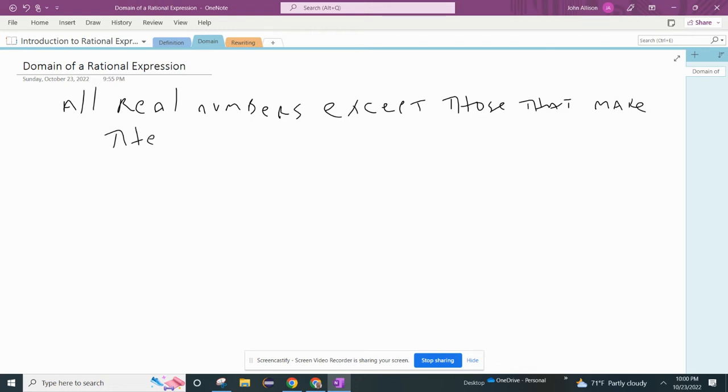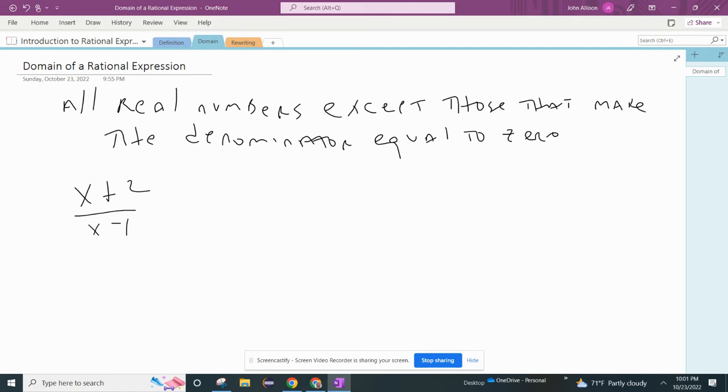Any value that makes the denominator of a fraction zero, we have to take out of the real numbers.